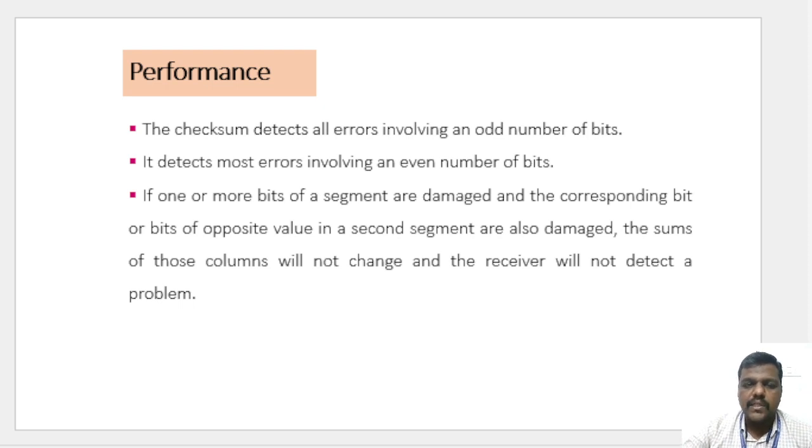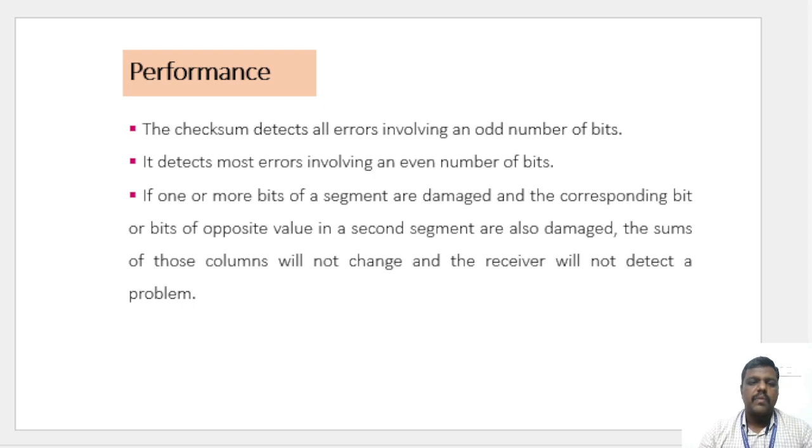That is the problem in the checksum method. If two bits are damaged in the first segment, and the same two bits are changed in the second segment, there is no change in the checksum that is created.